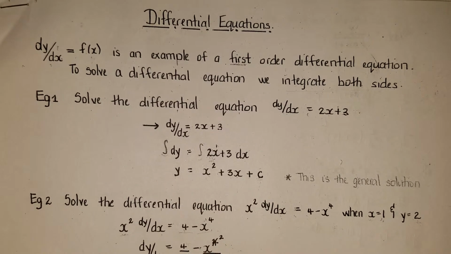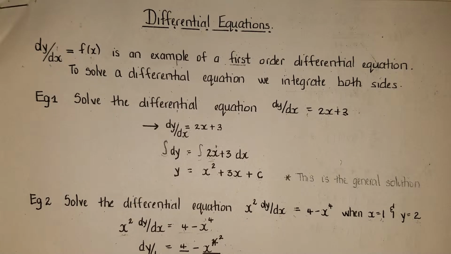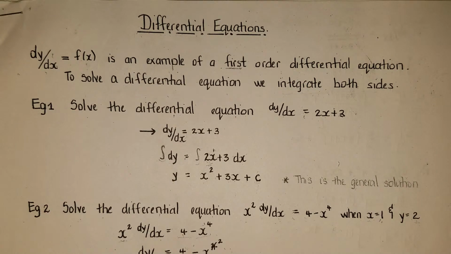Now it says, to solve a differential equation, we integrate both sides. But first, before we go ahead and start solving, we have to make sure our equation is set up correctly, meaning we need to separate our variables.